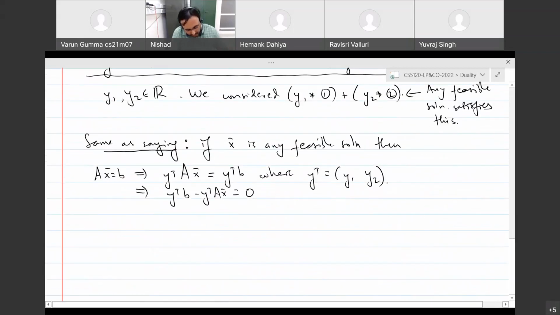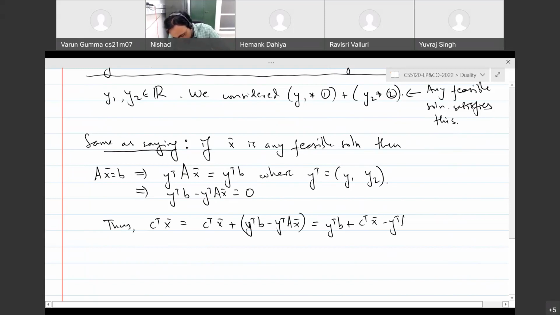So in particular, the objective value of this feasible solution is, I can add 0 to it, right? And this is exactly equal to y transpose b plus, let me just go slowly, c transpose x bar minus y transpose A x bar.